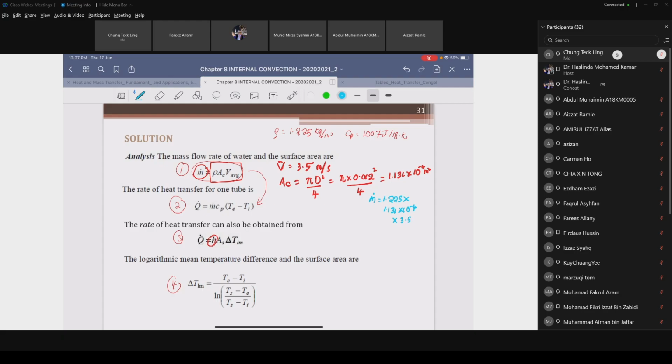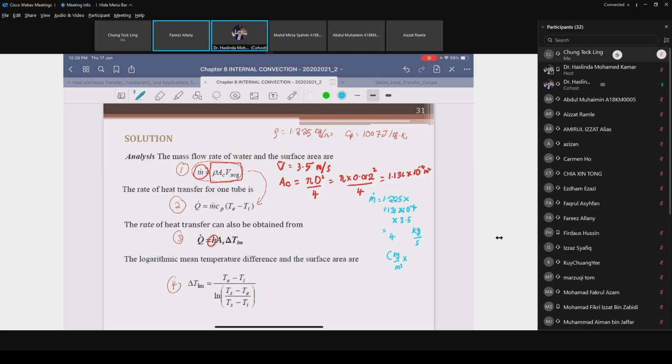Okay, tolong someone kirakan berapa? Ada tak someone tolong help me to calculate this? 4.849 times 10 to the negative 4. Oh, darab 10 negative something. Yes.